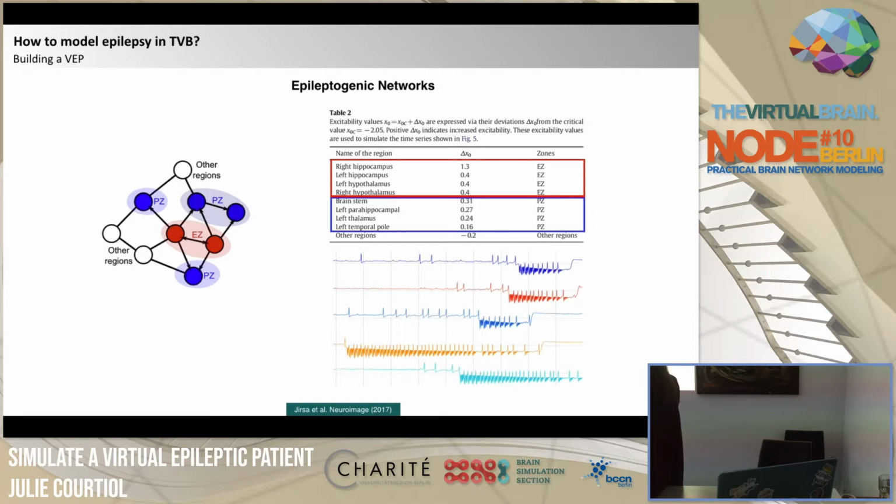And for each region, we have a different type of excitability. And this different type of excitability will allow us to build this propagation pattern we observe in the patients. So we will build a heterogeneous brain. Each brain area will have a different set of parameters.